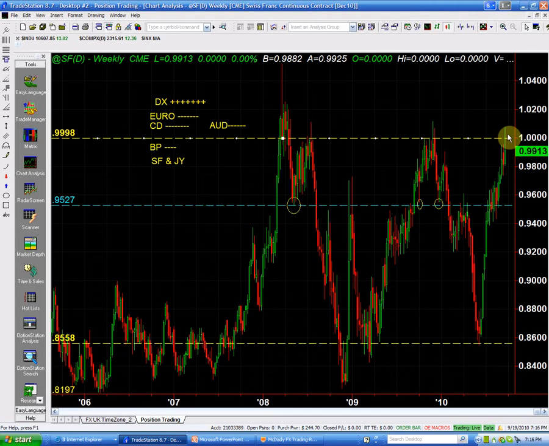The Bank of Japan intervened last week, and the Swiss National Bank has been intervening in the foreign exchange market for the whole of last year, and they have spent tons of money trying to bring down the value of the Swiss franc.